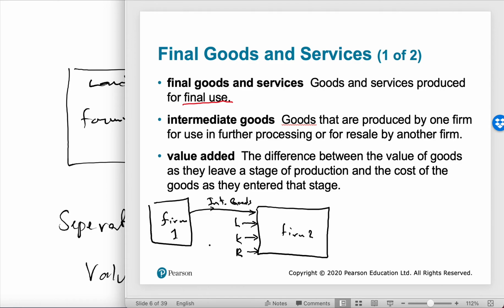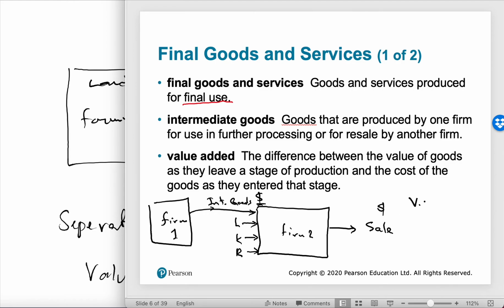So the value added is this: we know the dollar sale value of the firm's product, and firm 2 also knows how many dollars it spent purchasing the intermediates.